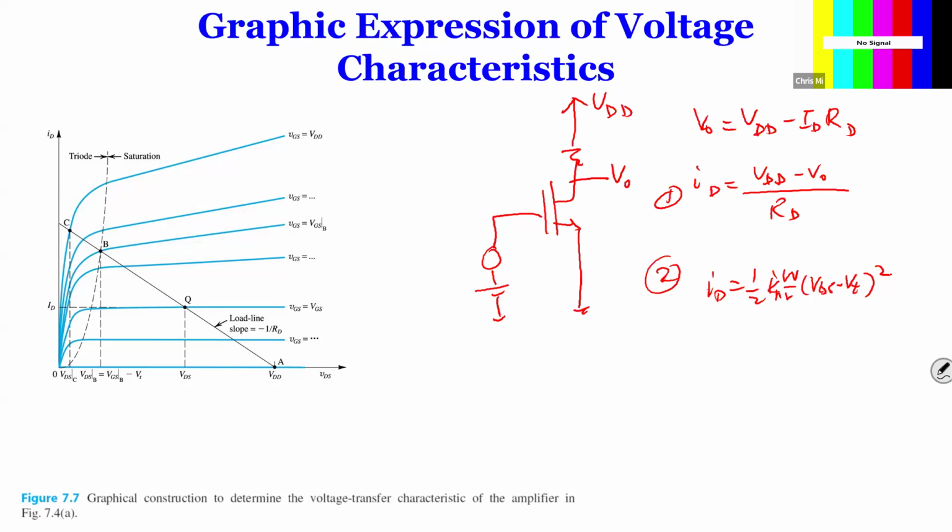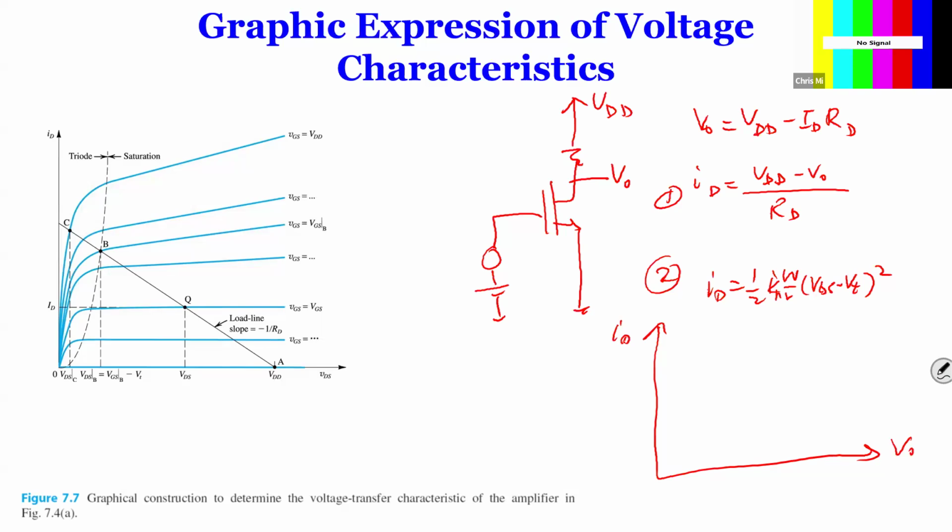So one way, of course, is what we have done: mathematically we plug it in and get the solution. But in theory, you can also plot these two curves. So when you plot these two curves, what happens? I plot the first one. The first one is ID equals VDD minus VO divided by RD.